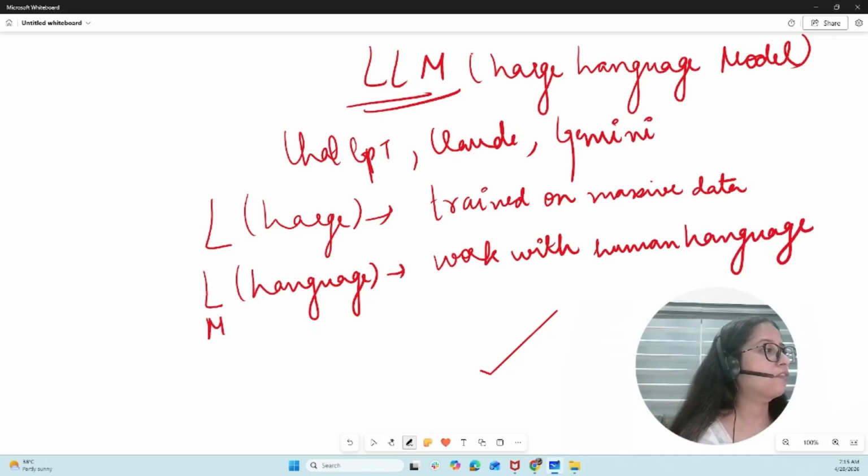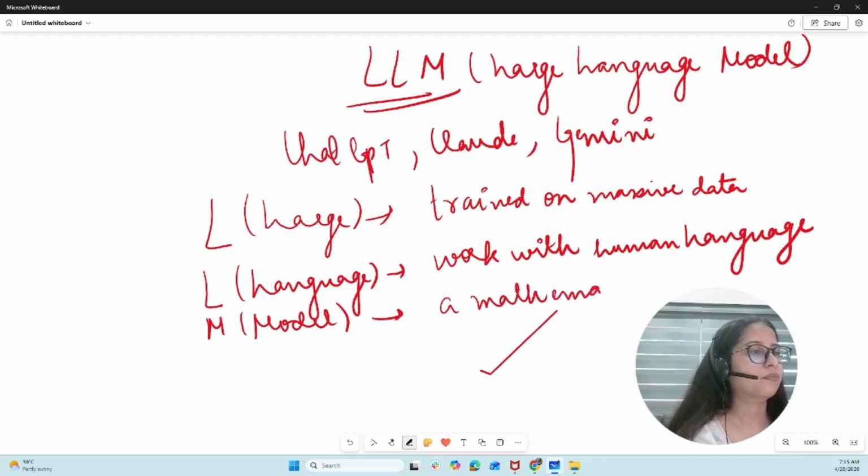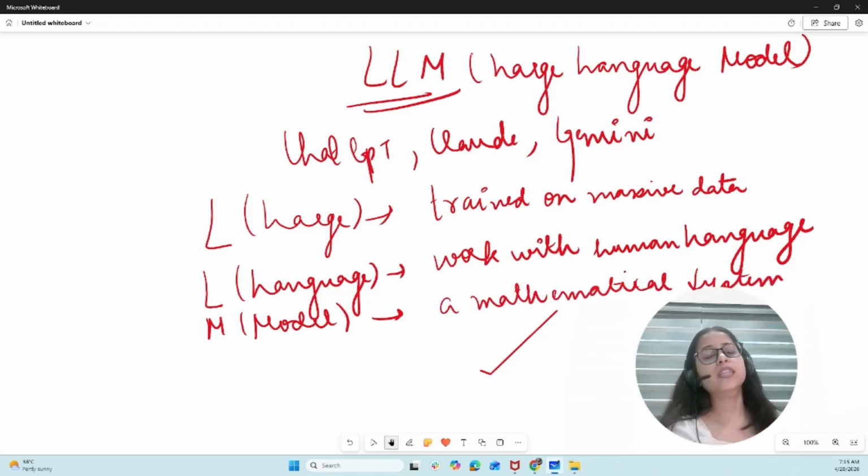And then we have M finally, which is model. Now, what does that mean? It is a mathematical system. So you can think of it as a very large brain that has learned patterns from text. The tools are ChatGPT, Gemini, and Claude.